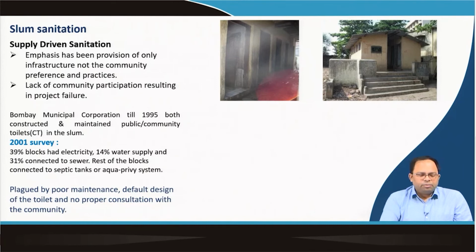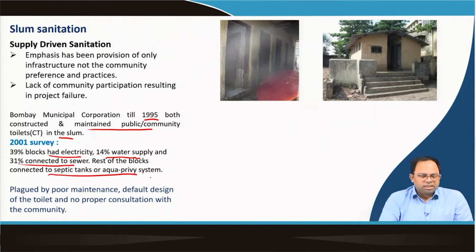Like in the case of the Bombay Municipal Corporation, till 1995 it both constructed and maintained public community toilets in slums, and in a 2001 survey it was observed that only 39% of blocks had electricity, 14% had water supply, 31% were connected to sewers, and the rest of the blocks were connected to septic tanks or aqua-privy systems.